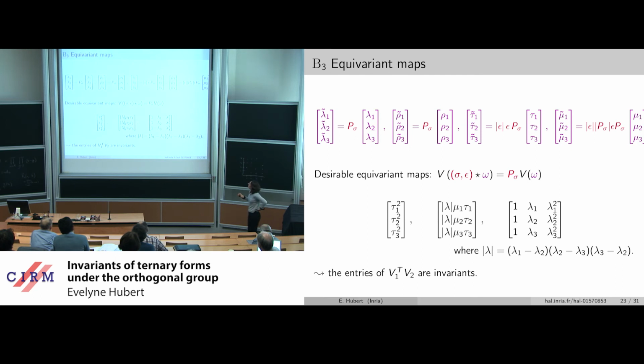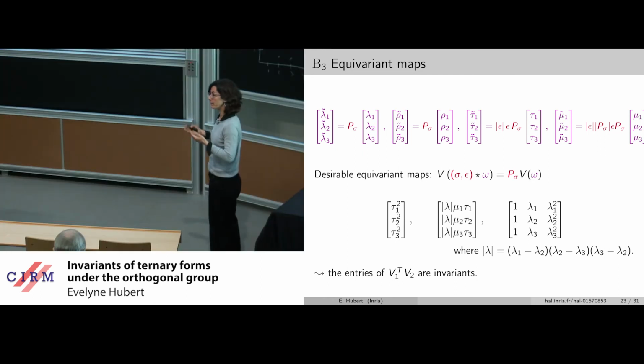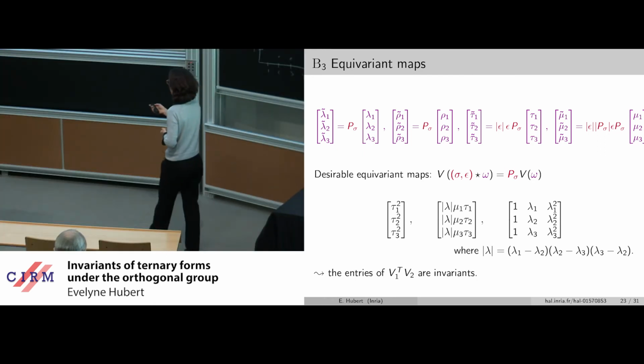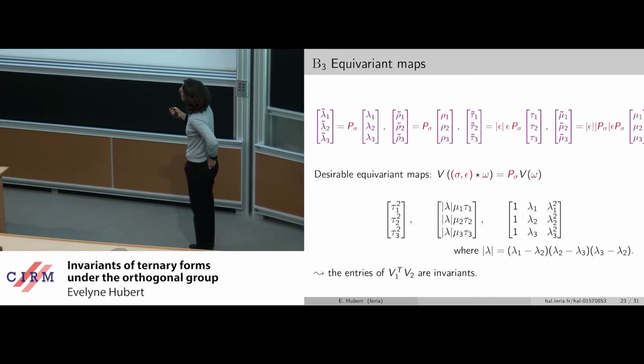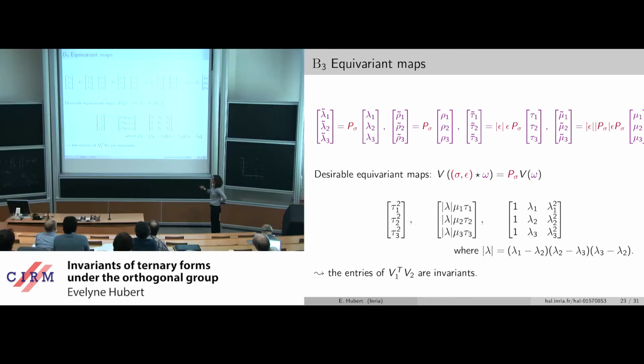So here we have this coordinate where I give you equivariant maps, and we are going to produce more equivariant maps so that, by combining them, we will produce the invariants. We're going to have equivariant maps where the equivariance is given only by the permutation. The first thing here is already how we want it.